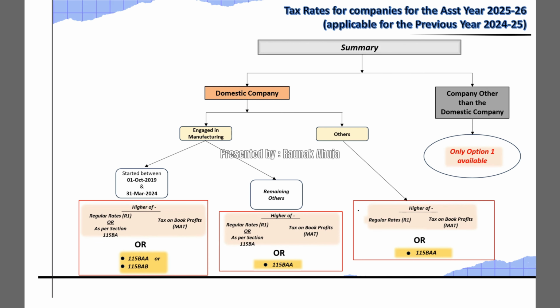For all the other domestic companies which are not engaged in manufacturing, the tax rates would be this. For companies other than the domestic company, only option 1 is available. No concessional rate of taxes is available for companies other than the domestic companies.